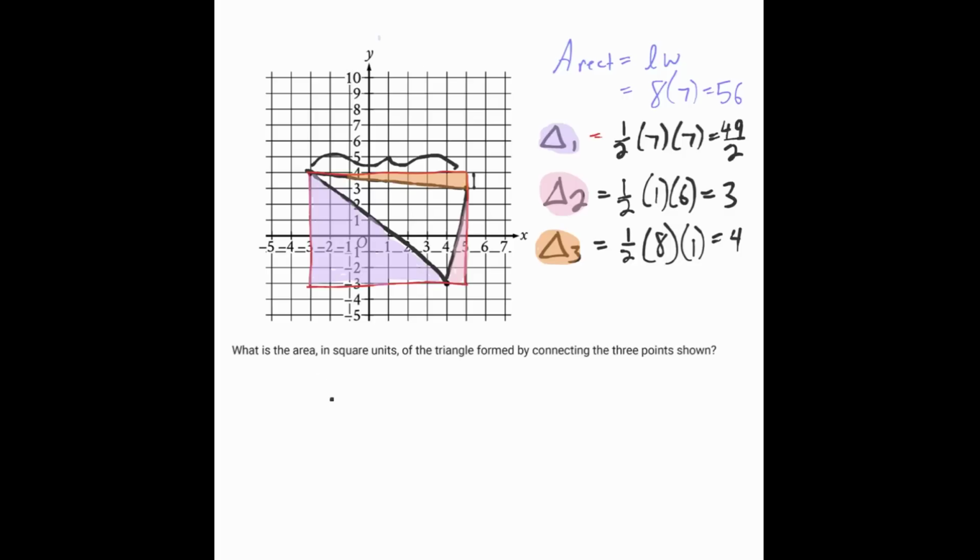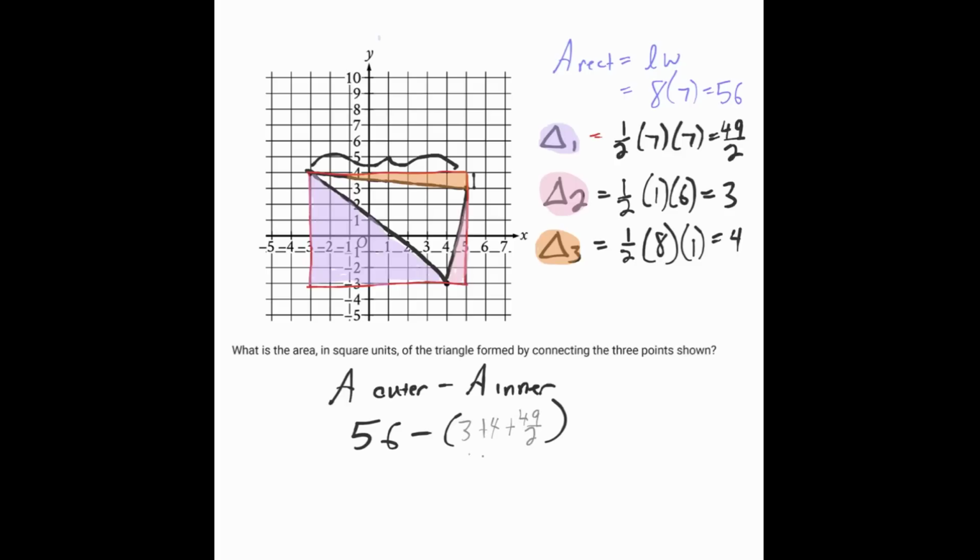So if we're doing the area of the outer shape, which is the rectangle, minus the area of the inner shape, which is the three triangles that we don't want, that would be 56 minus these three numbers put together. 3 plus 4 plus 49 over 2.